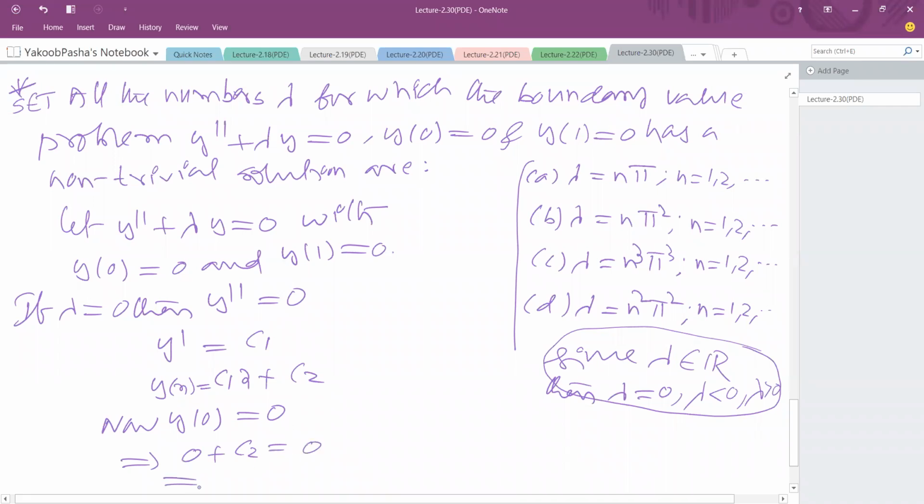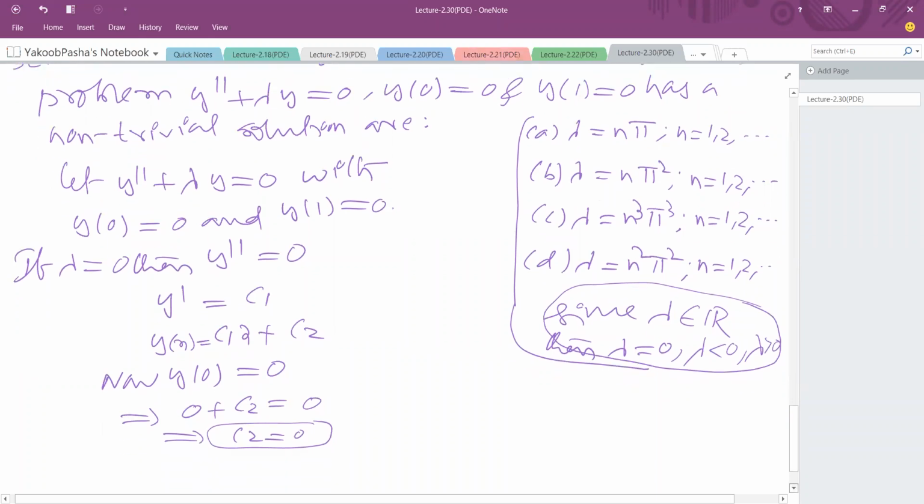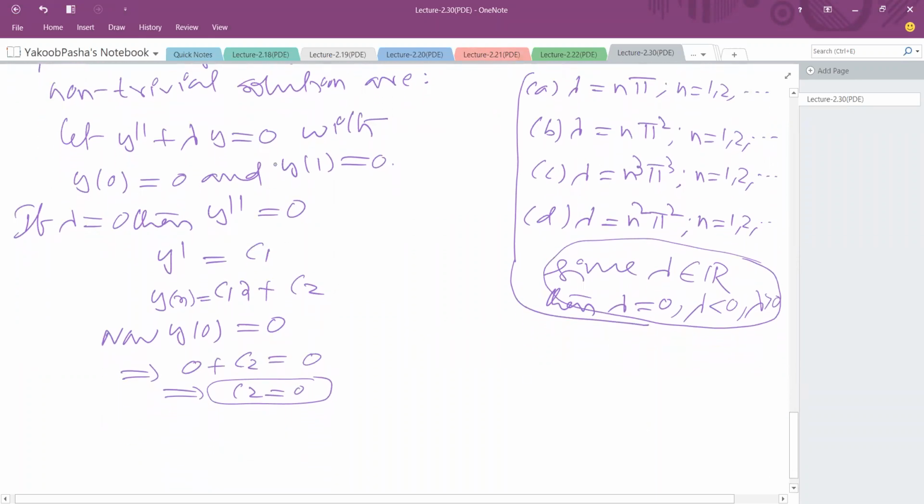From this we can write c2 is equal to 0. This is the first arbitrary constant. We need to find another arbitrary constant by taking y of 1 equal to 0. Now apply the second boundary condition.